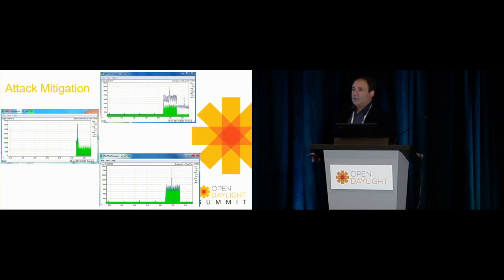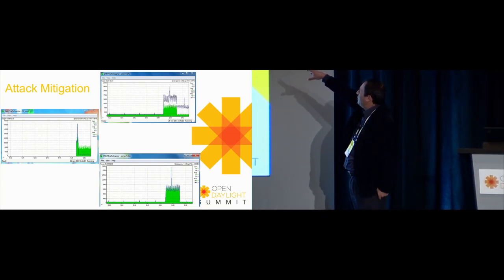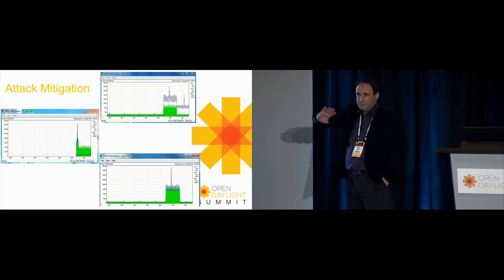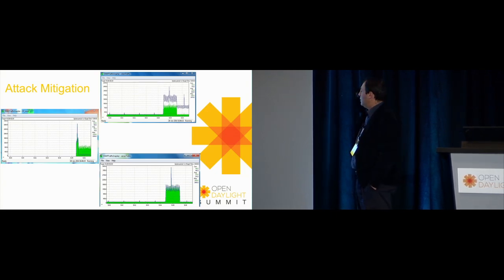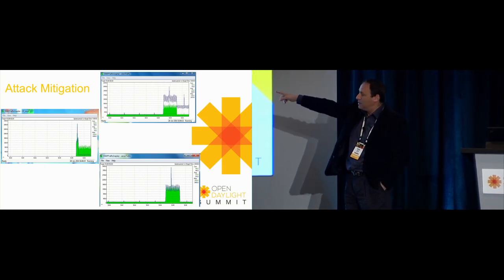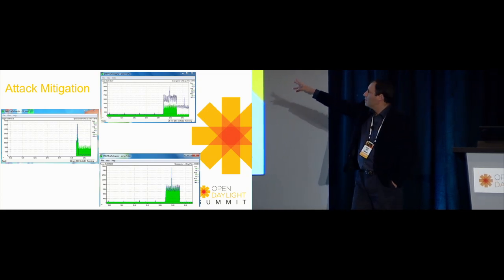Now, what you can see up above is a rate attack, a denial of service attack. You can see the rates going up, right? And once the attack is detected, traffic is redirected to the mitigating device. So now you can see the traffic in that mitigating device, right?